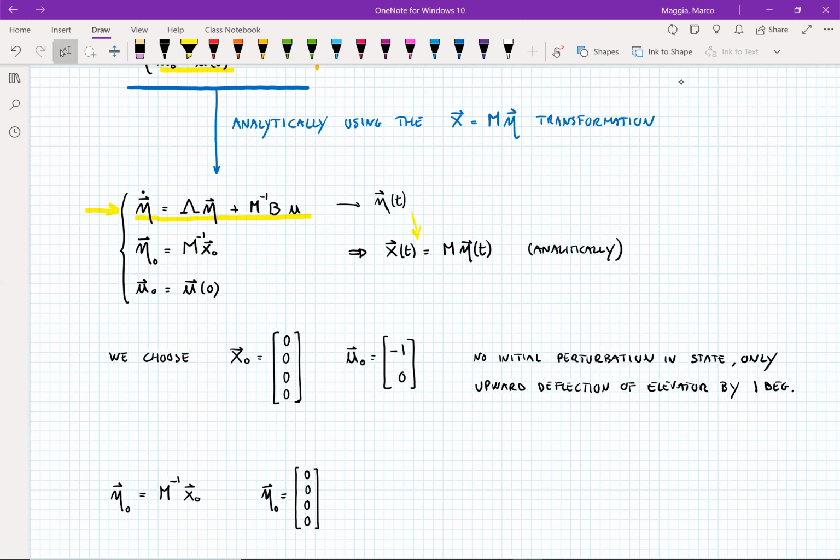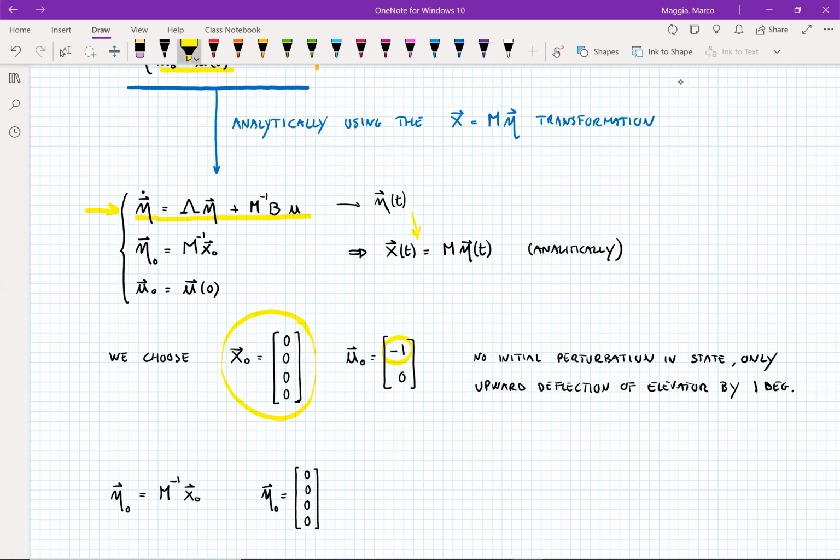Now, continuing with the example, we're going to choose particular values for the initial state and for the initial control perturbations. To make things easier, we're going to choose an initial state perturbation equal to 0. So we are not perturbing the aircraft in terms of surge speed, angle of attack, pitch angle, and pitching rate, but we're applying only a change in the first term of the control vector.